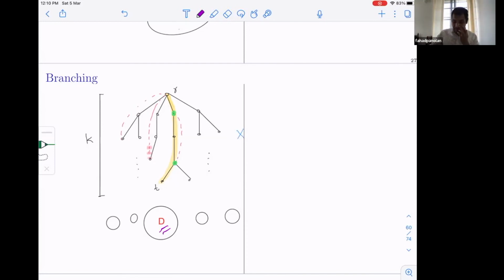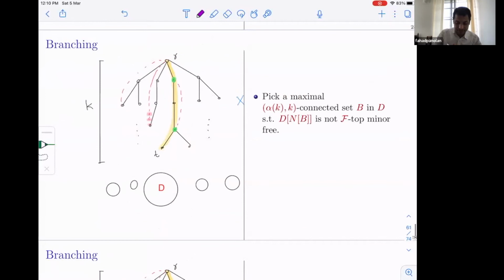Keep doing that. Like that there will be a unique connected set at any point in time that has this property.